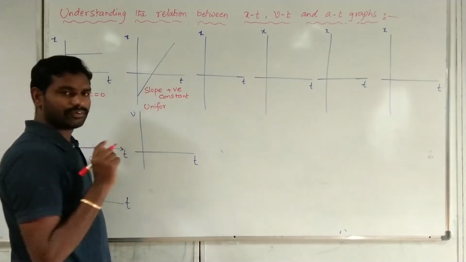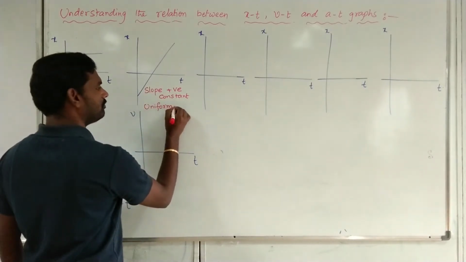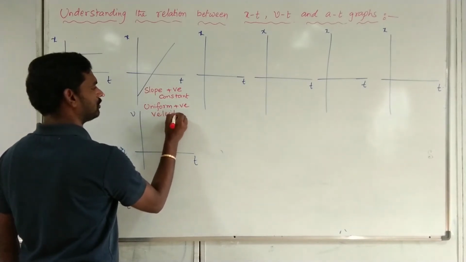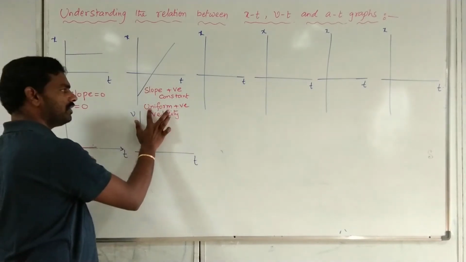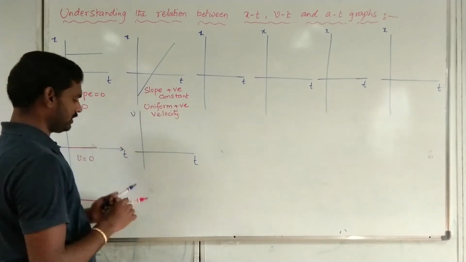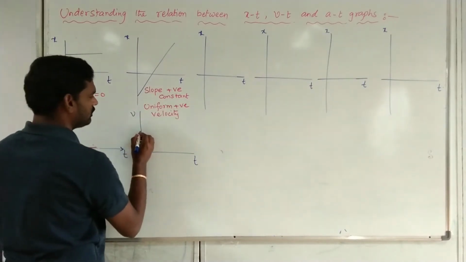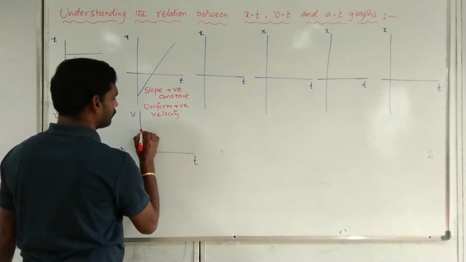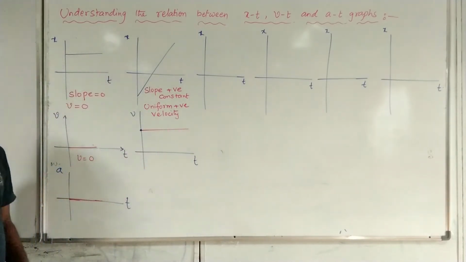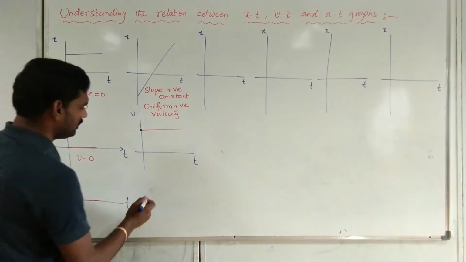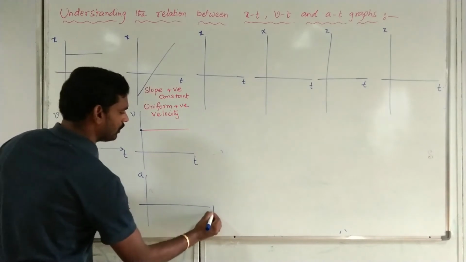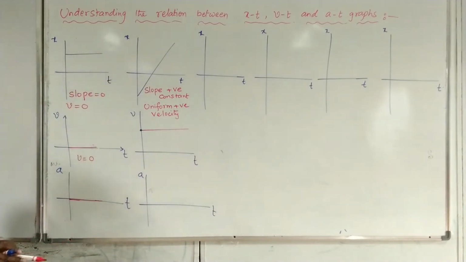Slope is constant means velocity is uniform. Uniform positive velocity. Velocity is uniform, meaning constant, and it is positive. The corresponding Vt graph looks like this. And now, the corresponding At graph for the above Vt graph.